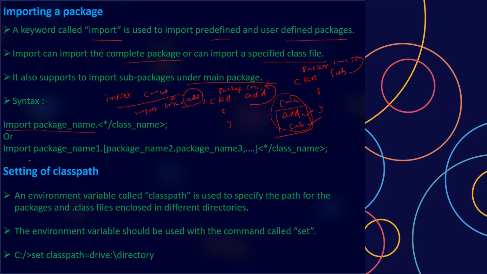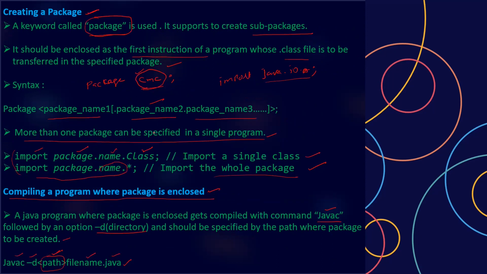Is that point clear? So this is how I have written it. You can take a number of packages, or you can take dot star, or you can take a class name. So import package name dot star, or import package name dot your class name. This is how I have declared it. Is that point clear? That's what I have shown you.